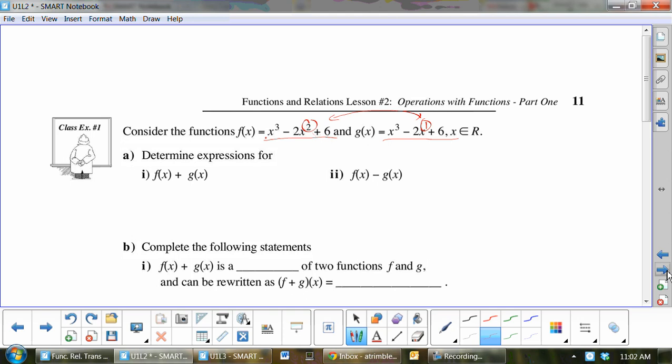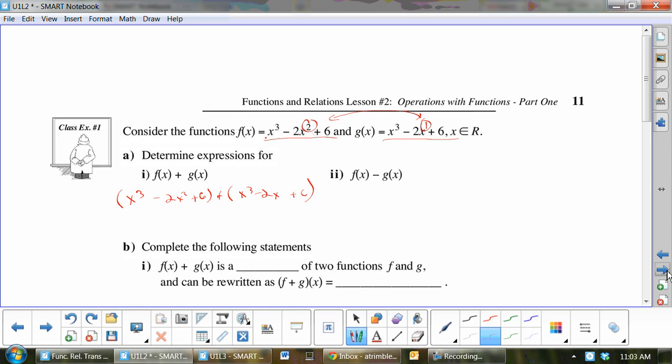And actually, the diploma would never do that, something that mean. Okay, so anyway, f of x plus g of x would be x cubed minus 2x squared plus 6, put that in brackets, plus x cubed minus 2x squared plus 6. No, not 2x squared, 2x plus 6.